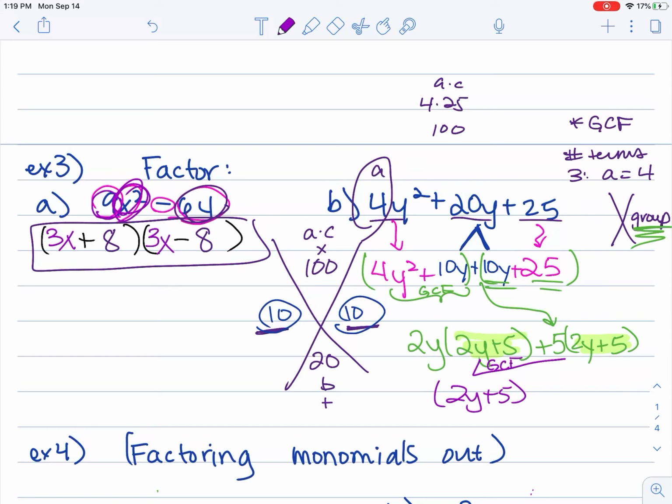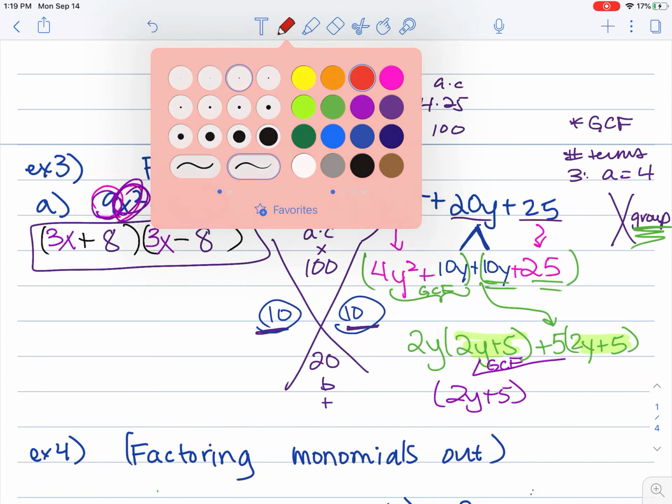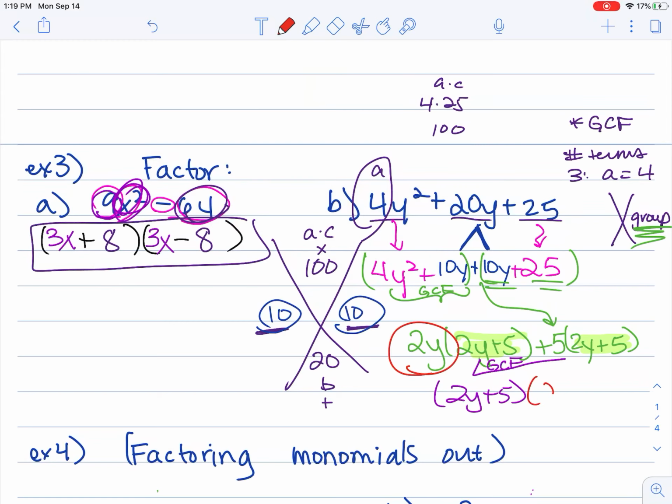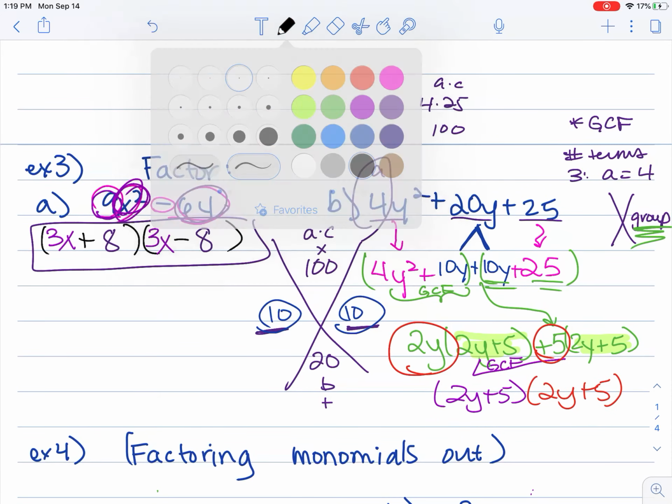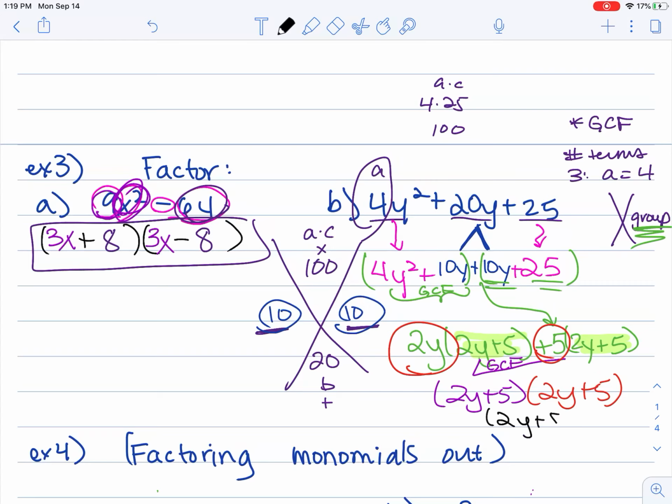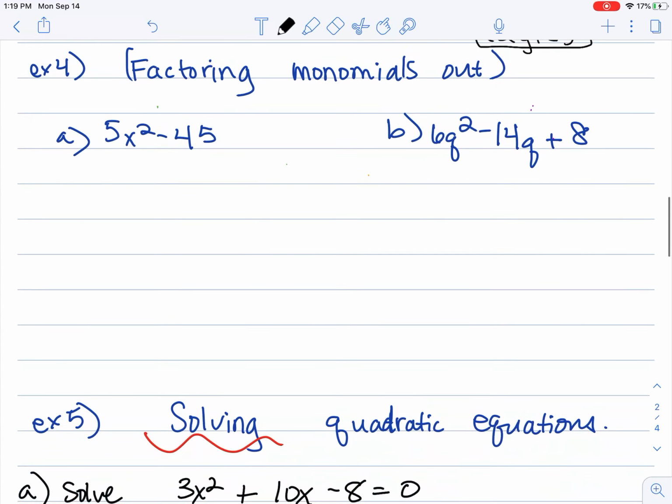So now we're going to pull out that 2y plus 5 as a GCF, and we're left with the 2y and the plus 5. Look at that, they're the same. So actually, we're going to simplify that again, and we get 2y plus 5 all squared.